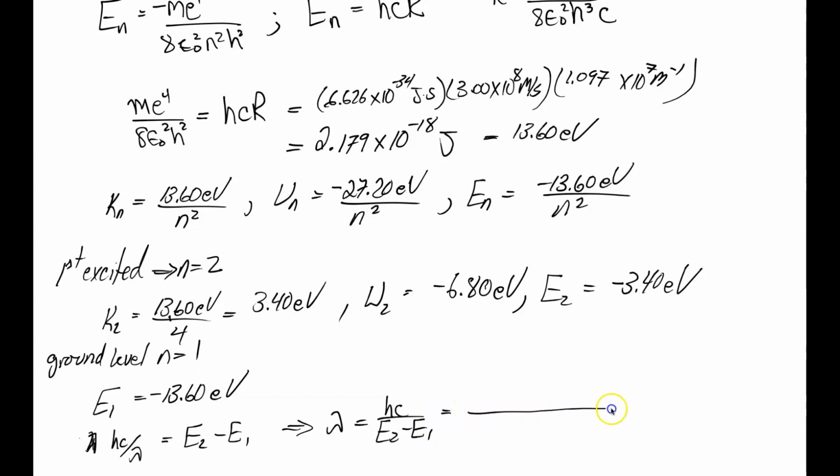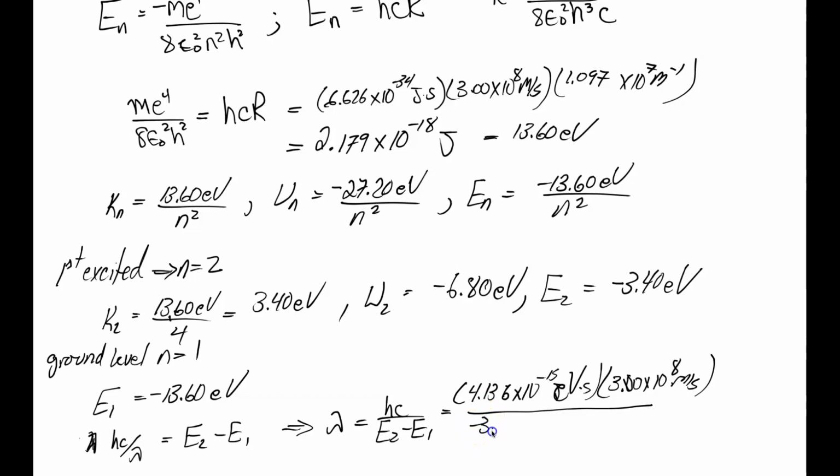which is, if we plug in, 4.136 times 10 to the minus 15 eV seconds times c, the speed of light, over the two energies.